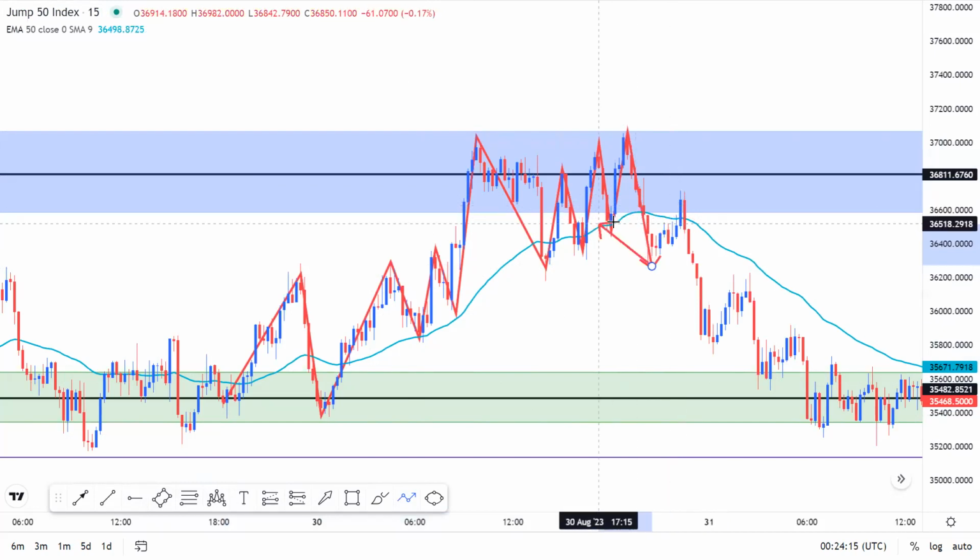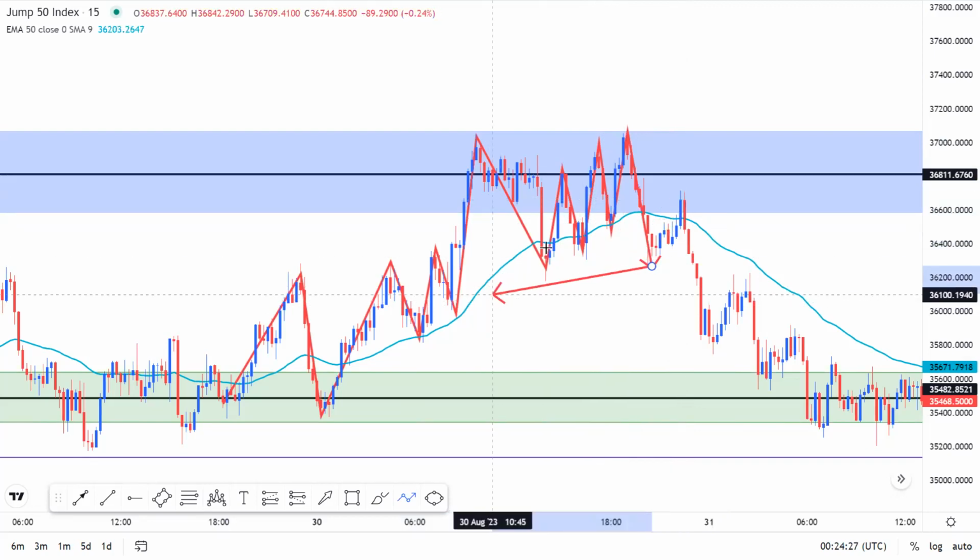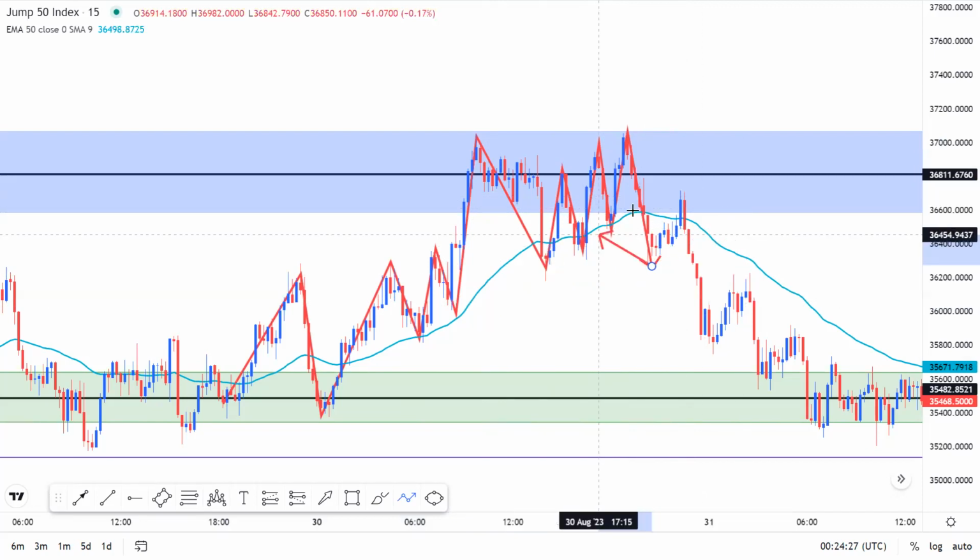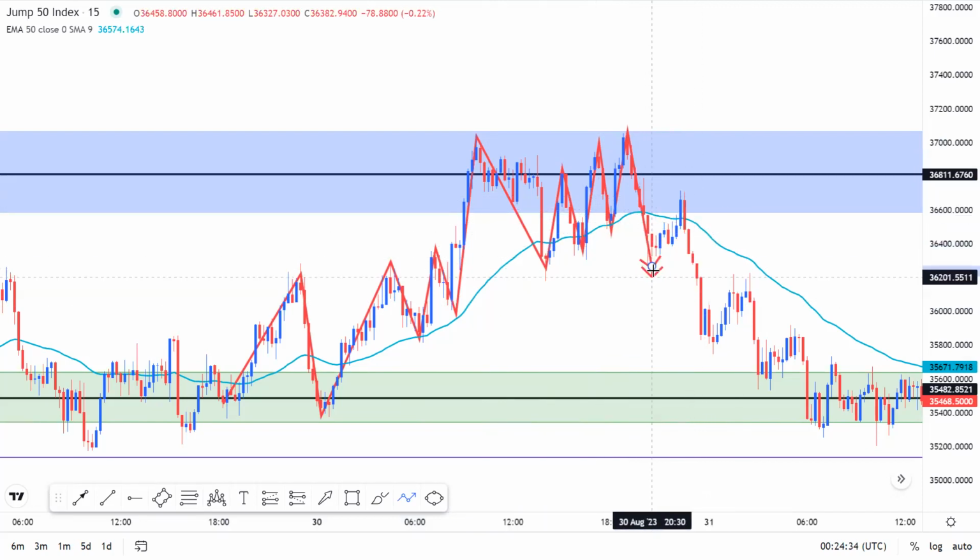retesting a previously broken structure, previously a support, now turned resistance. And then also clearly present at the level is the 50 exponential moving average. Because we're below the exponential moving average, the retest of the exponential moving average is, in this case, expected to act as a dynamic resistance.